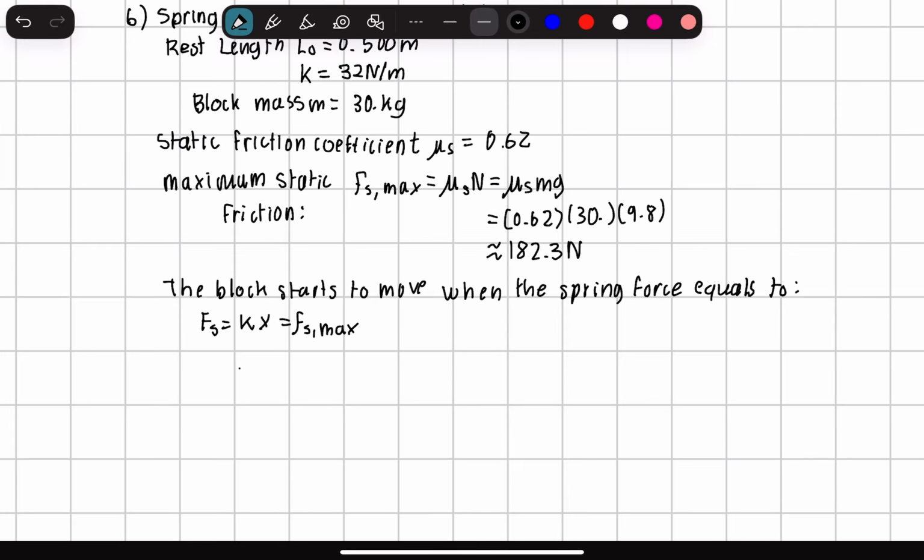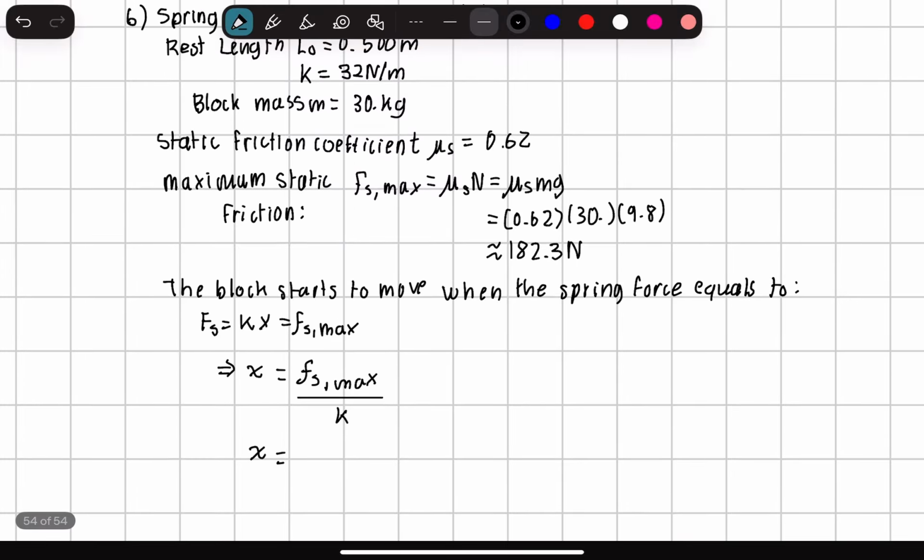So rearranging this, we can get x is equal to Fs max divided by k, because we're solving for just x, and then we plug in everything.